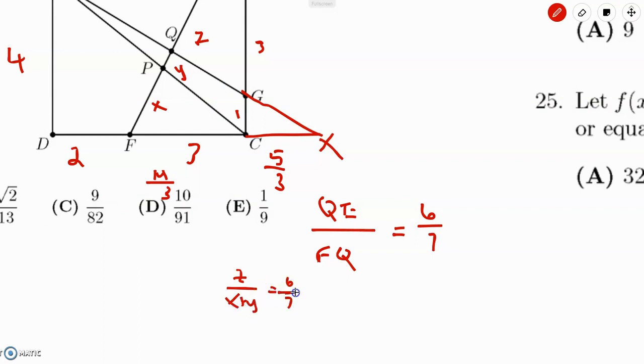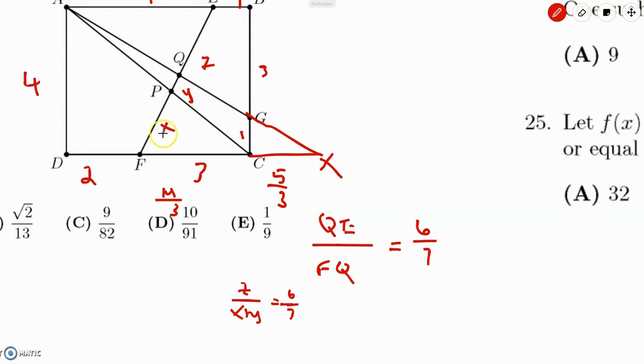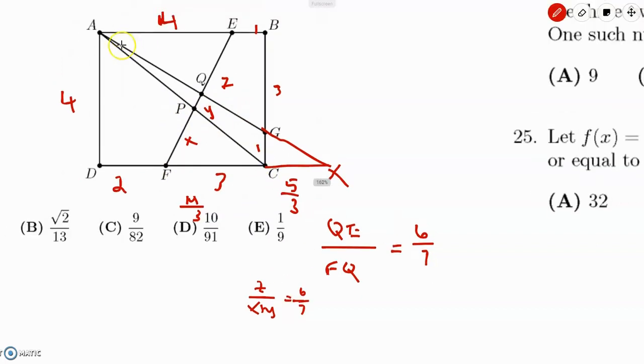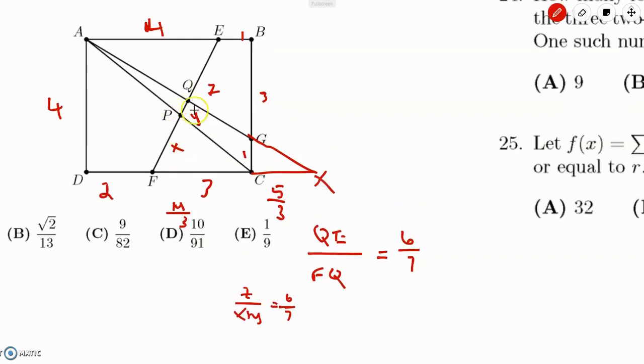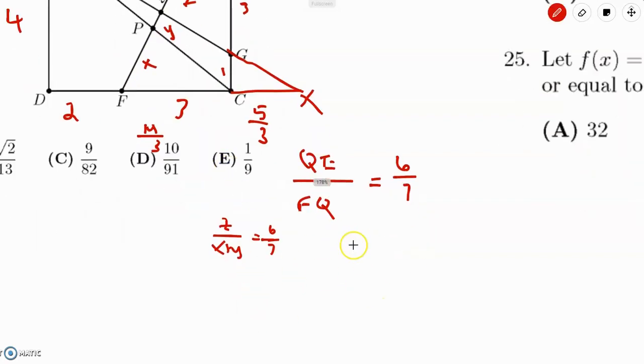But we also have another pair of similar triangles. We have that FPC is similar to APE. So that means PF over PE is equal to 3 over 4. That means X over Y plus Z is equal to 3 over 4.